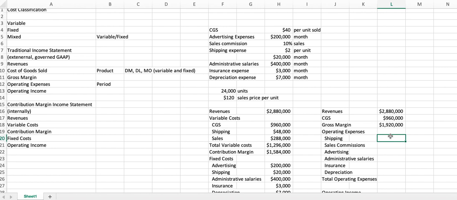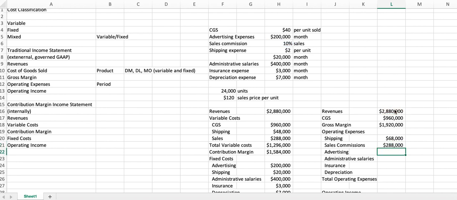Now this one's going to be a little bit different. For shipping, you're going to have the variable and the fixed. So you're going to have the $2 per unit, or 48,000, plus the fixed part. And then my sales commissions are still going to be 10%.